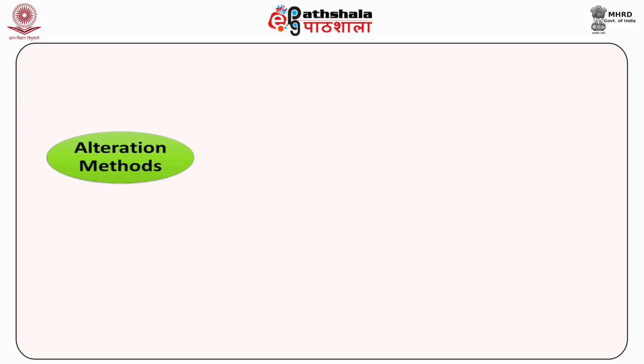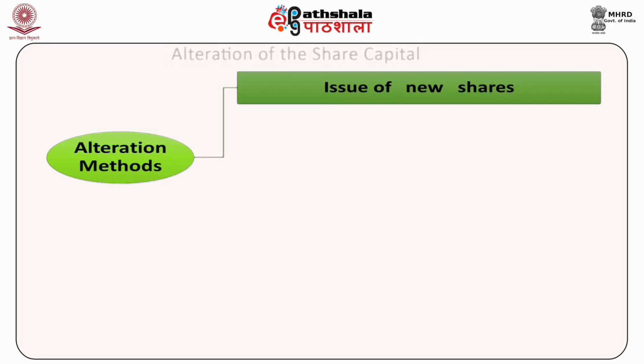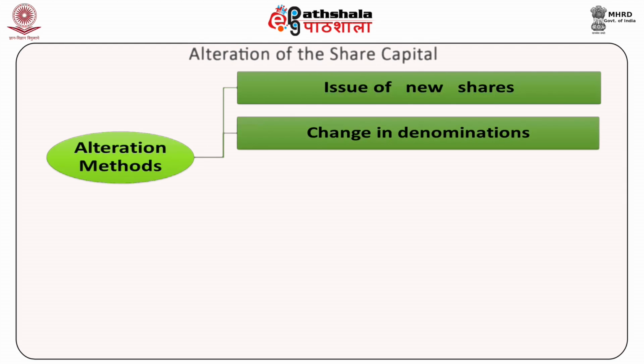Alteration of share capital. A limited company having a share capital may alter its share capital by: A. Increase its share capital by the issue of new shares. B. Consolidate or subdivide its share capital into shares of larger or smaller denominations.